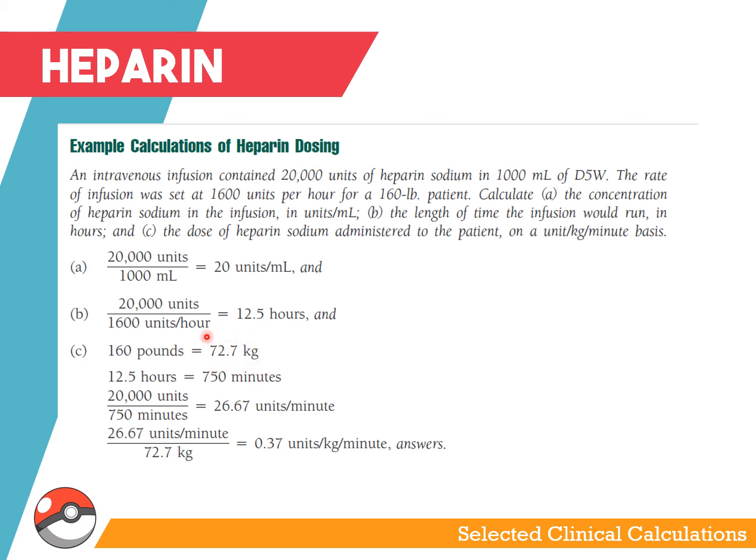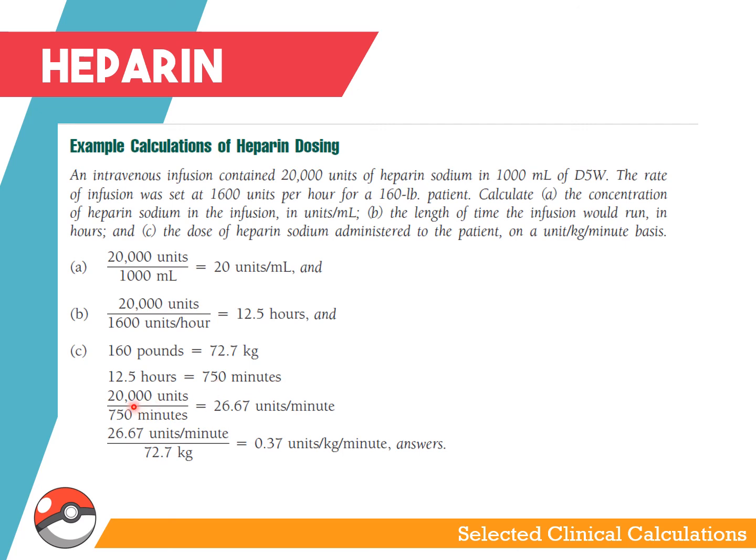Okay. So next is 12.5 hours converted to minutes. Since the required unit is units per kilogram per minute, we will also convert this. How many minutes in an hour? There are 60 minutes. So we multiply 12.5 times 60, and we will have 750 minutes.